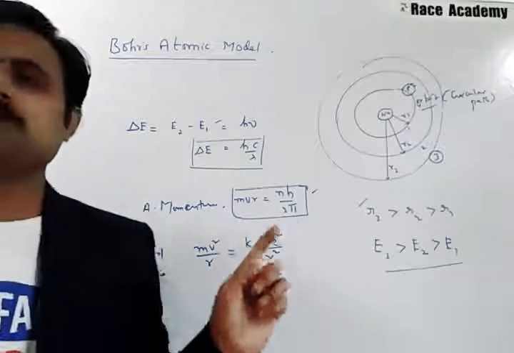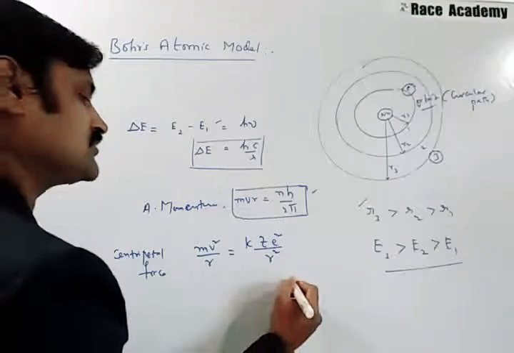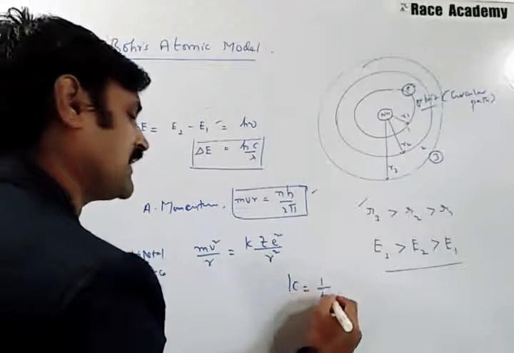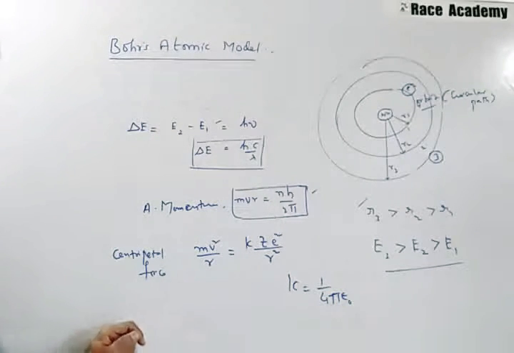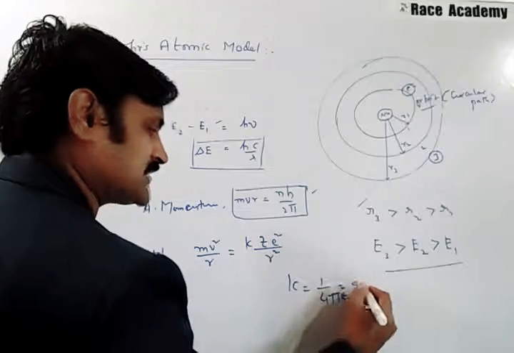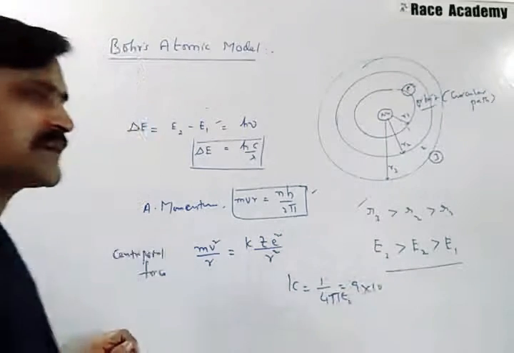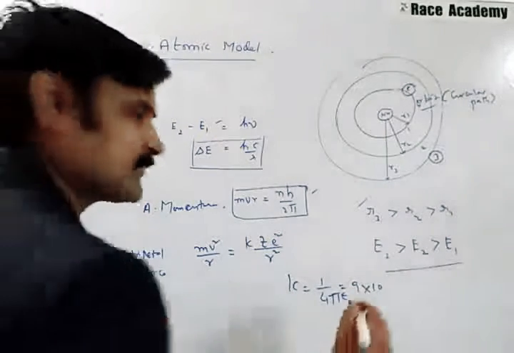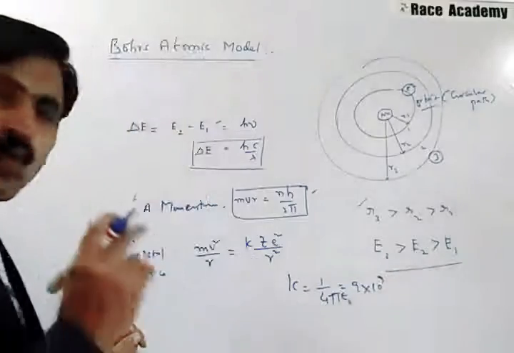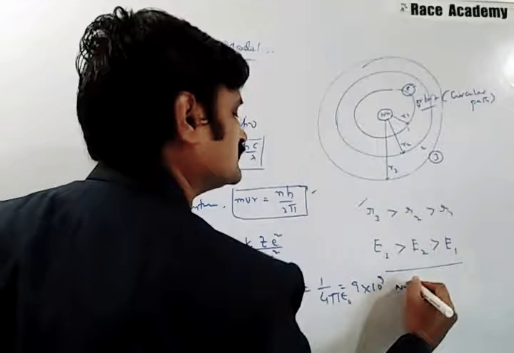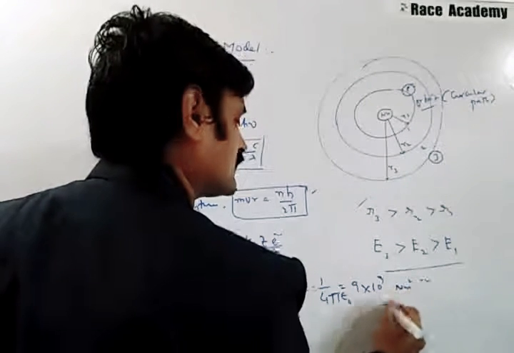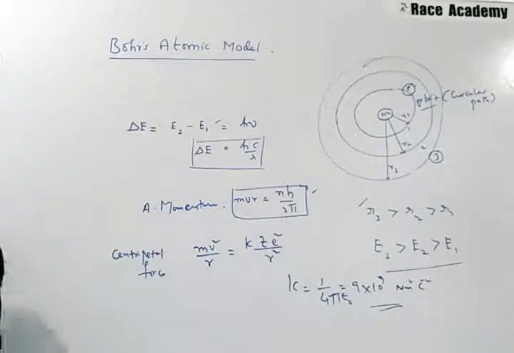Here k equals 1 by 4 pi epsilon naught, which is approximately 9 into 10 to the power 9 newton meter square per coulomb square.